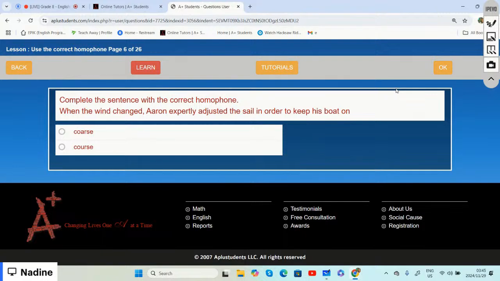And if we were to choose the correct option, we would say when the wind changed, Aaron expertly adjusted the sail in order to keep his boat on course, which is the second option, course.